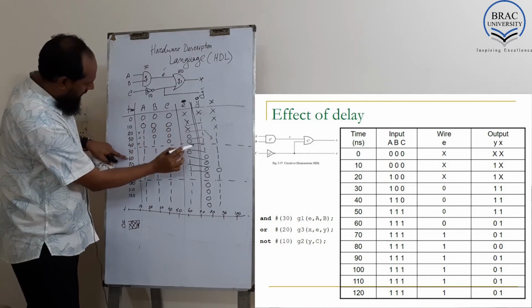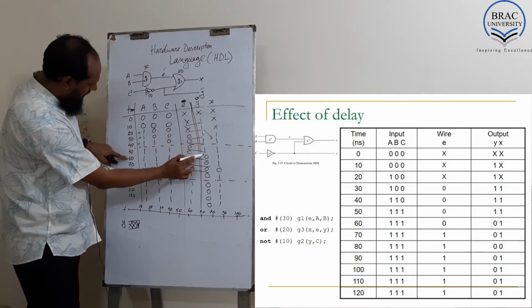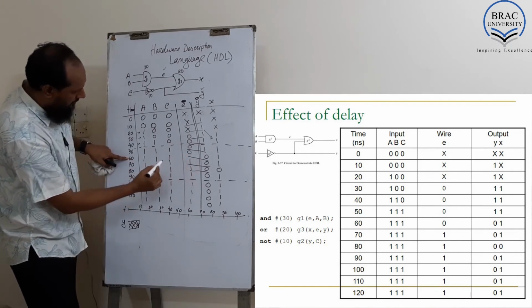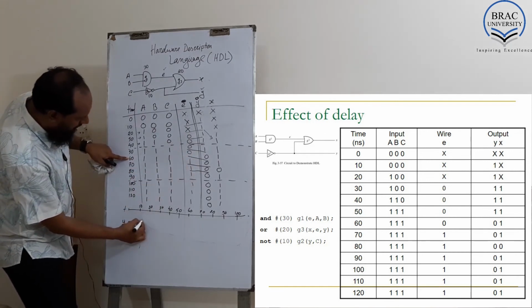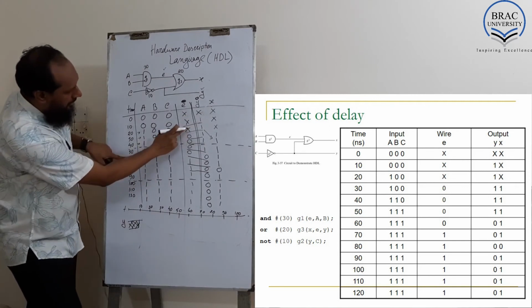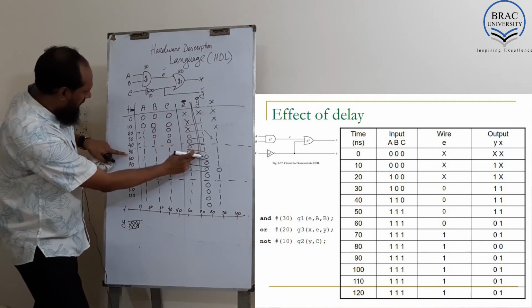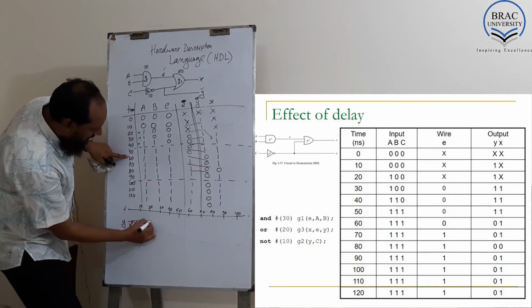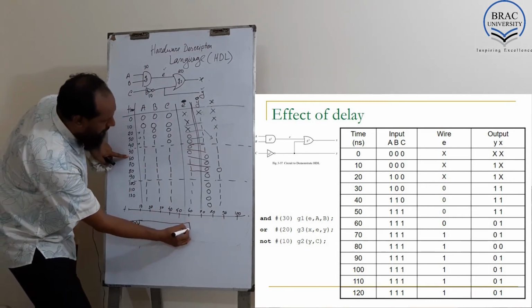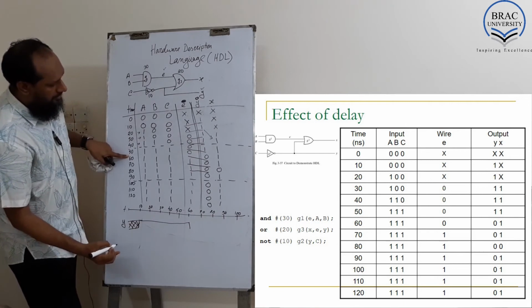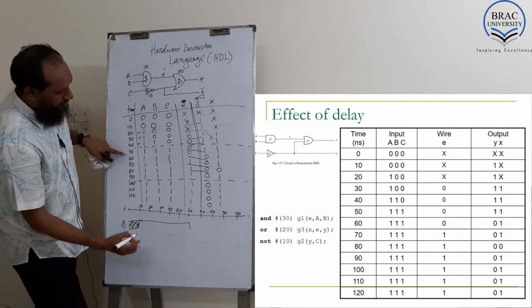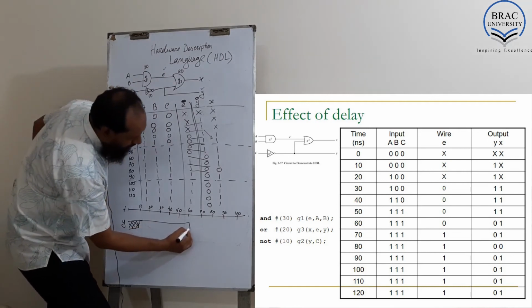And it got 1 on 10 nanosecond, and it continued until 59 nanosecond. That means on 60 it will become 0, and this 0 will be continued until the end.